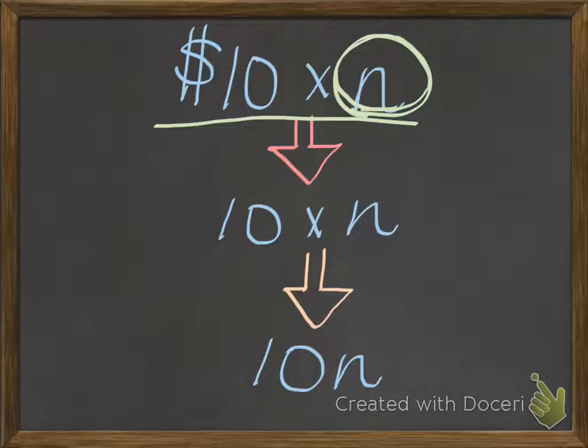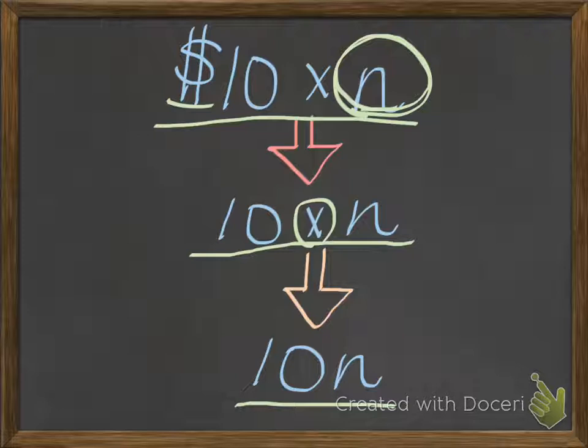Now, I've got the dollar sign here. I could also write it like this: 10 times n. All I did was take off the dollar sign. Now, when we have these letters and we multiply them, if we put the number next to the letter, without the multiplication symbol, it still means multiplying.